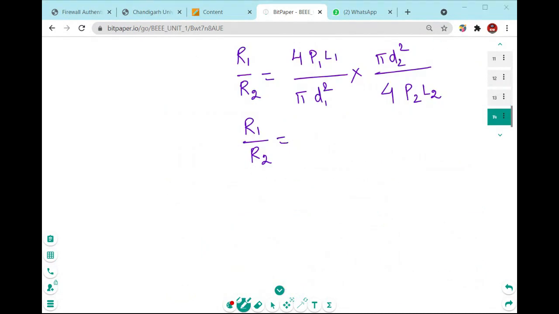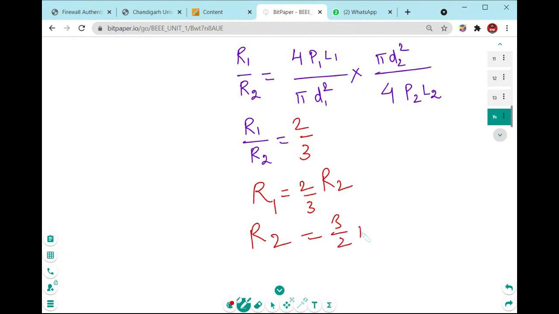And we will find it by dividing R1 by R2. Putting all the values right here, we get 4 by 6, or dividing, we get 2 by 3. Then we arrange this equation: either you move R1 to the R2 side to get 2 by 3 into R2, or you can write R2 is equal to 3 by 2 R1.